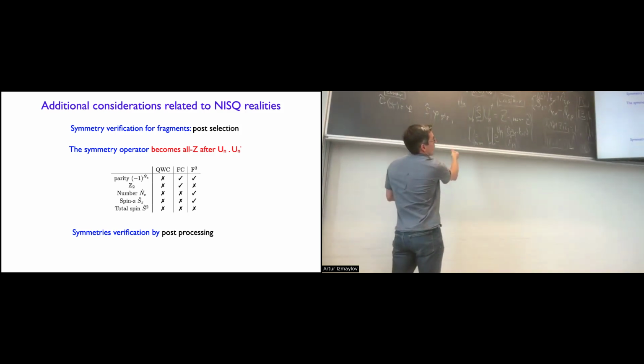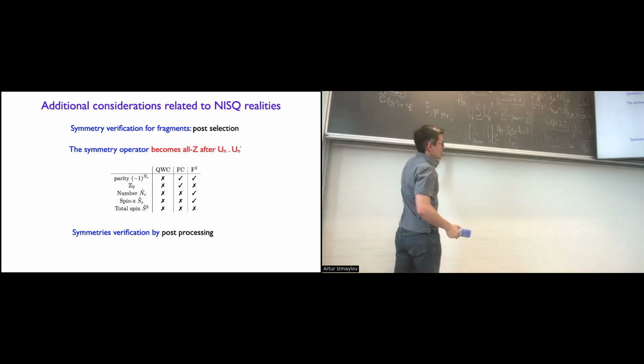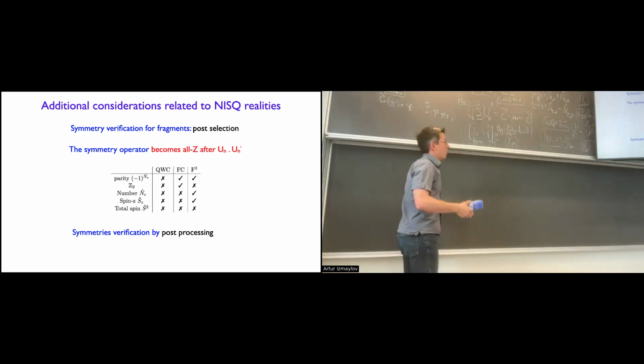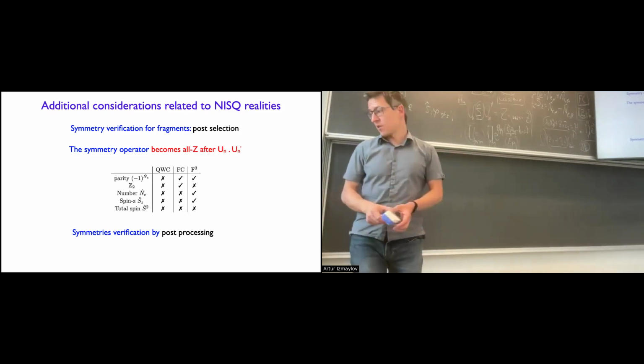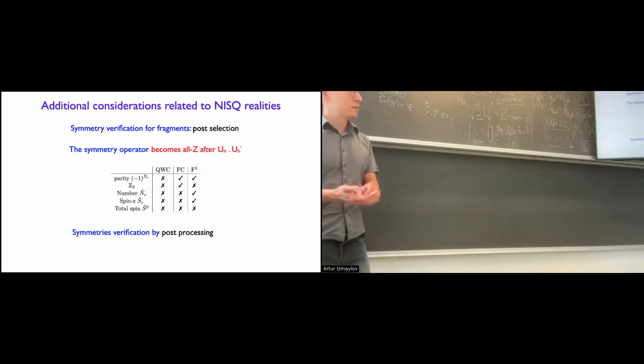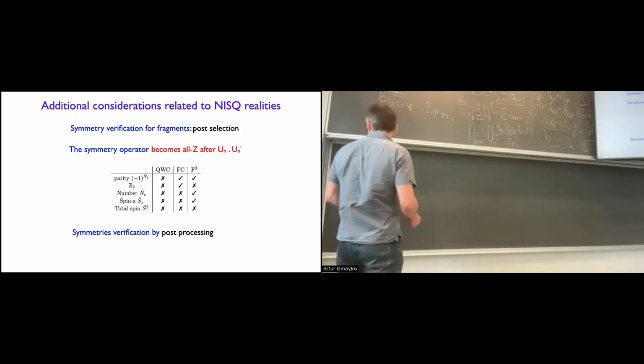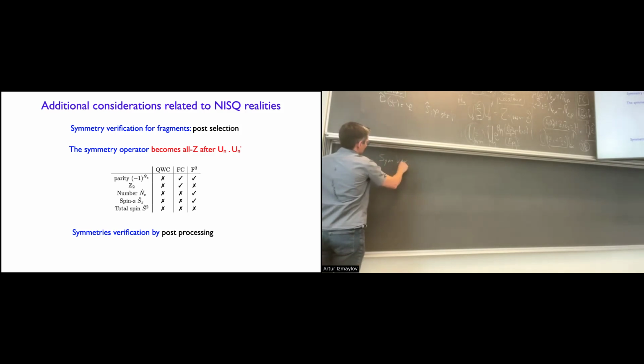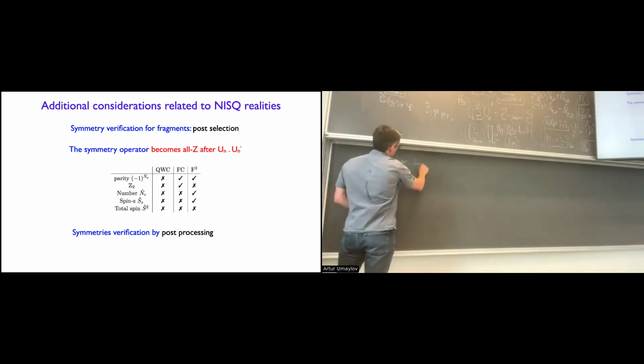Okay, so now what can we do in the situation where these symmetries are there, but we cannot measure them, right? So there is a different protocol. It's symmetry verification by post-processing.